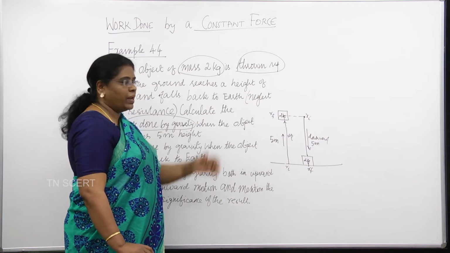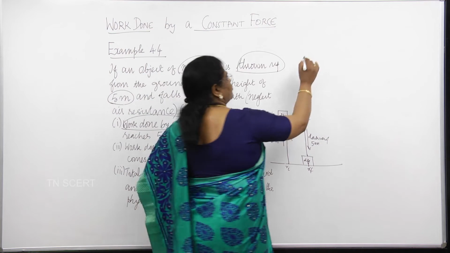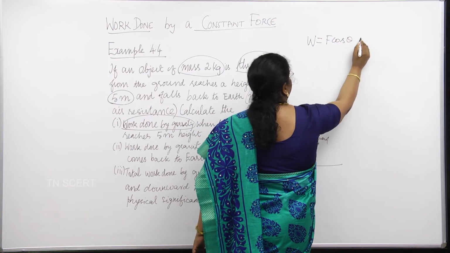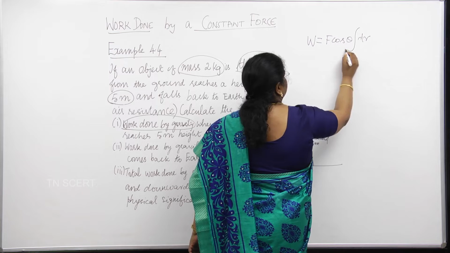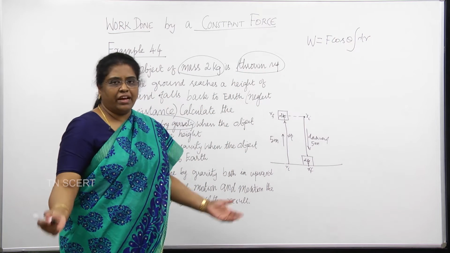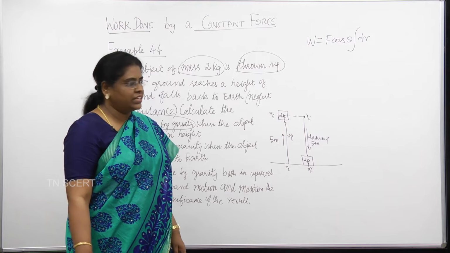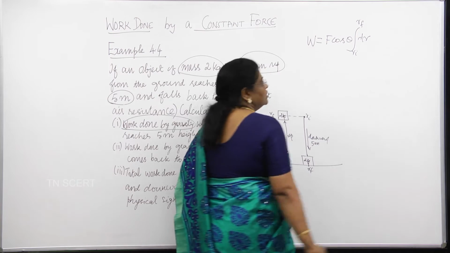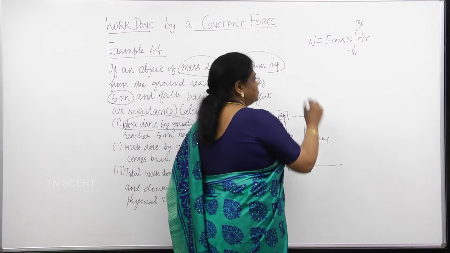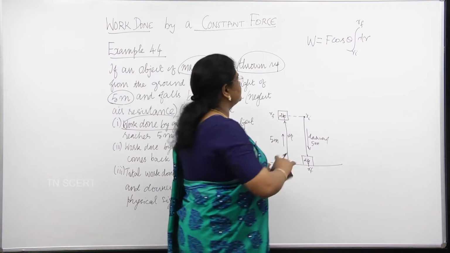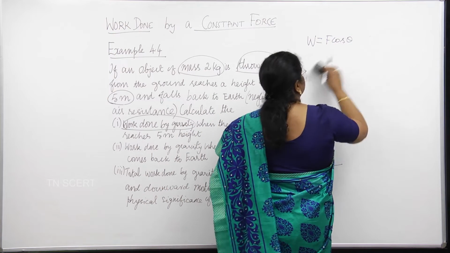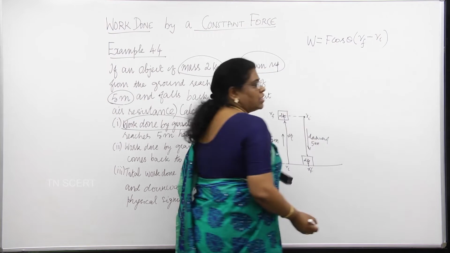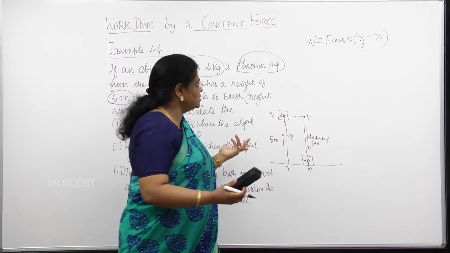Now, let us apply the formula. What is the formula? Work done is equal to the integral of F cos theta dr. In this case, I am taking F cos theta out, since the gravitational force is a constant force, and if I integrate it between the initial and final positions, it is the displacement.